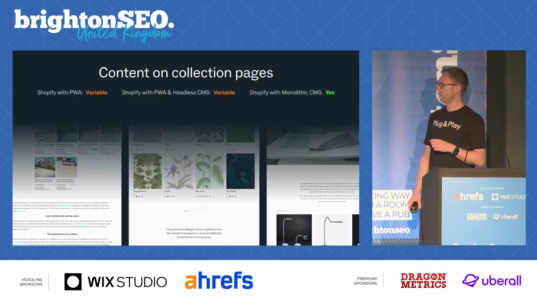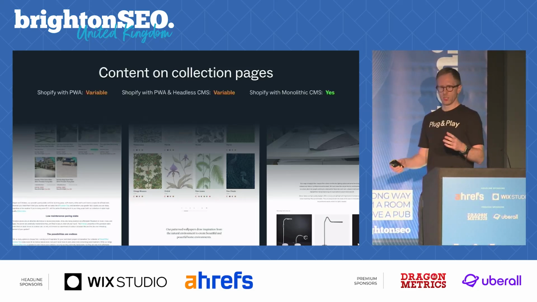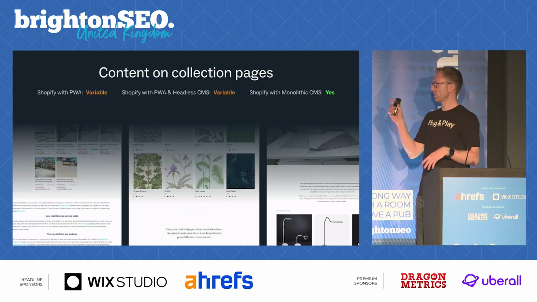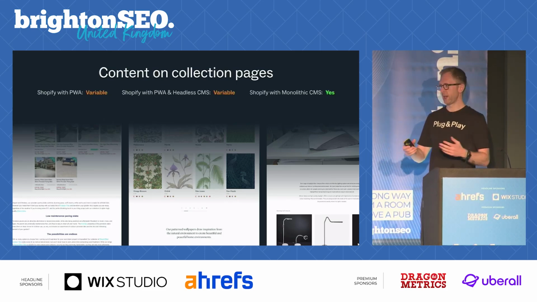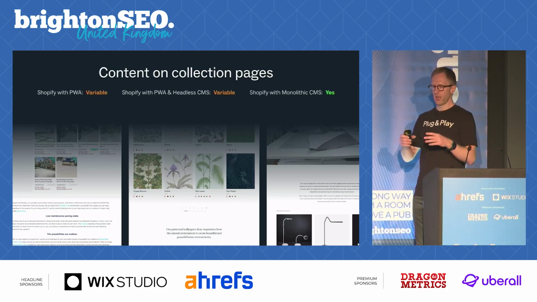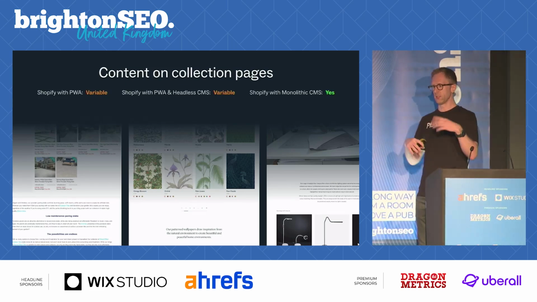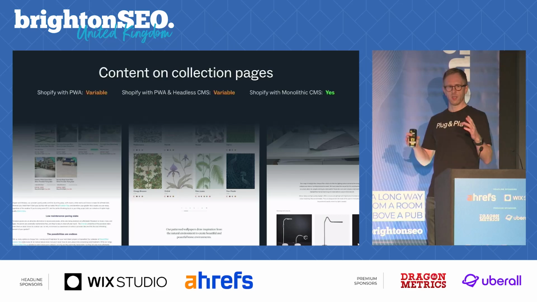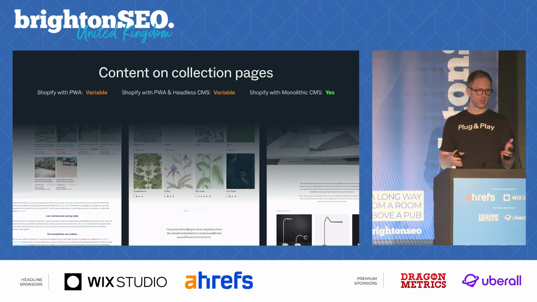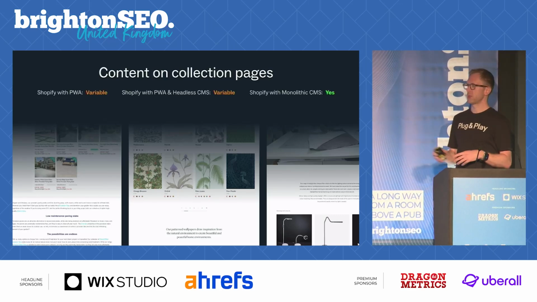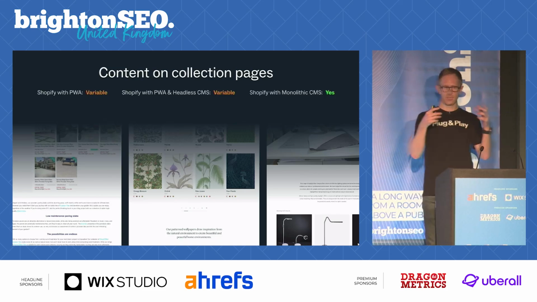Which brings me on nicely to the way that content on collection pages can be managed. Content on collection pages is great for merchandising the page more effectively. As I was saying about URLs, one of the great things about having a headless solution, and particularly a solution where marketing managers or SEOs can go in there and try new things and change layouts and so on, is that you can improve your on-page specificity as well. So we've got e-commerce websites where, for example, products are being surfaced into a page.